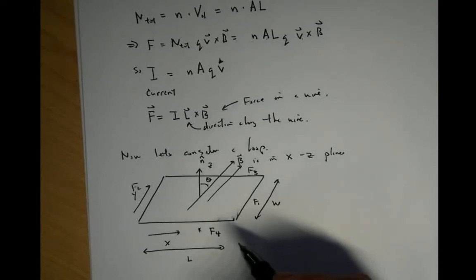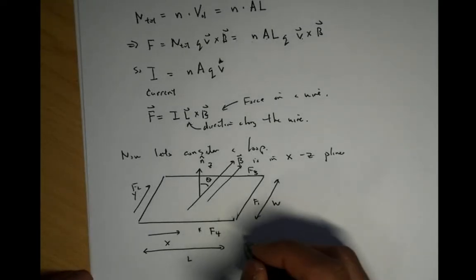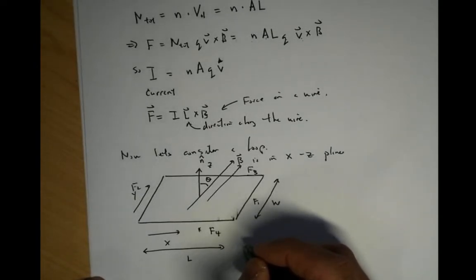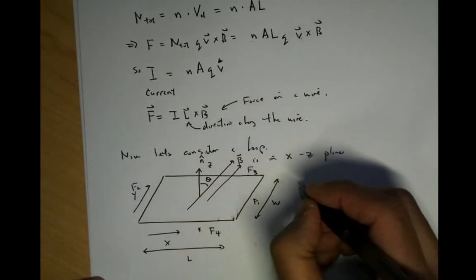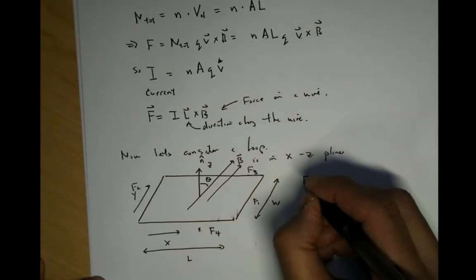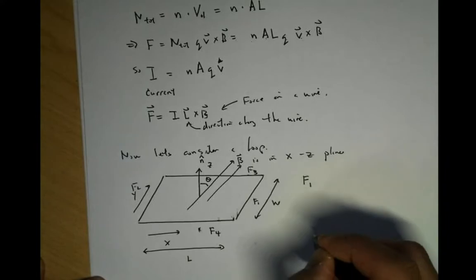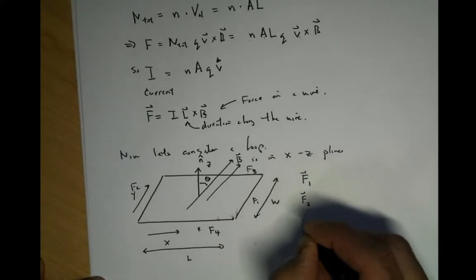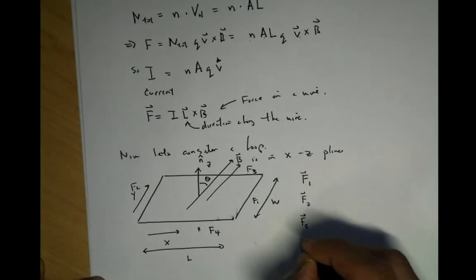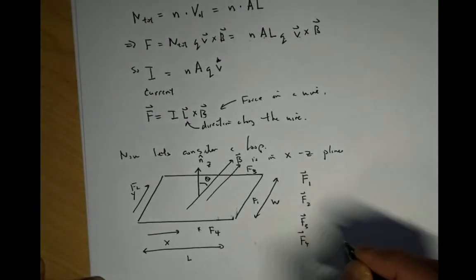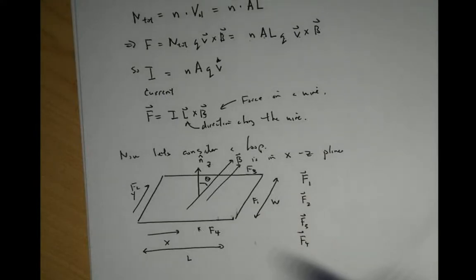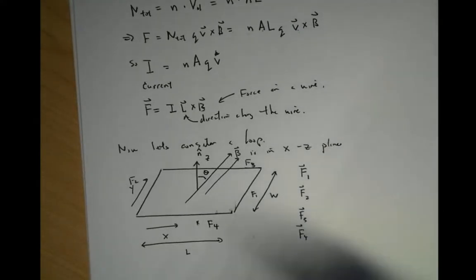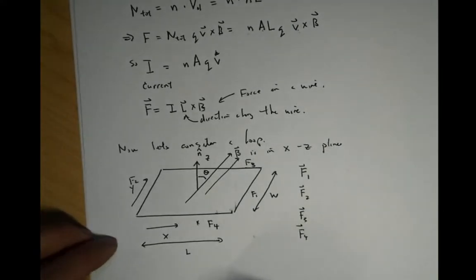Let's draw out the directions for each one of these things here. I'll come back to this in just a second. We'll just compute each one in turn. All right, so let me see, what's the easiest way of doing this?